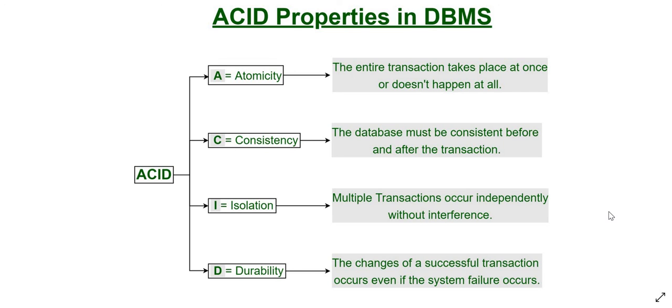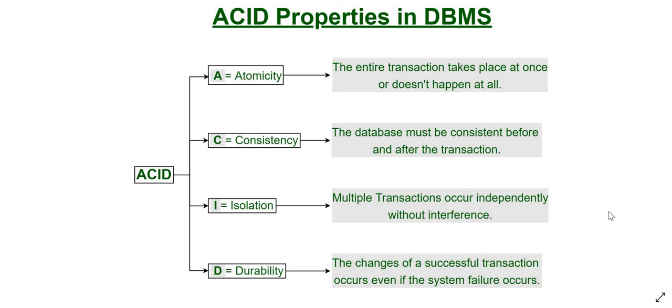In simple terms, suppose you credit 10,000 rupees to your account, which already has 10,000 rupees, so it becomes 20,000. It doesn't happen that when you check the next time, you find again only 10,000.